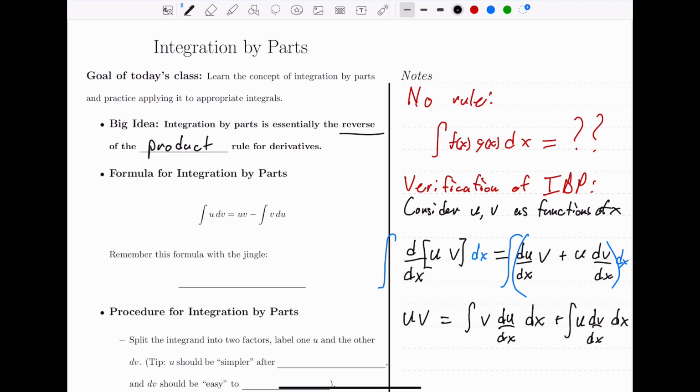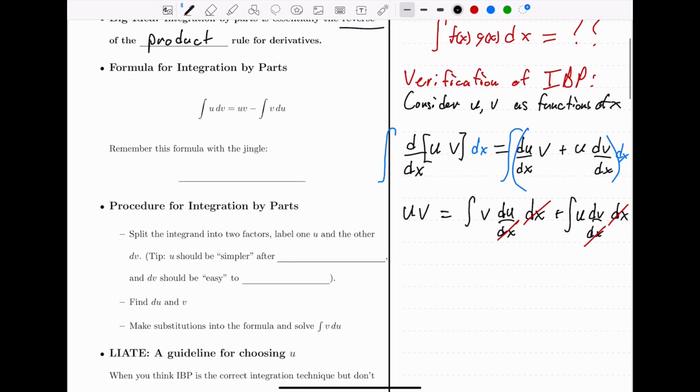All right, here's a little bit of an informality with this, but we can essentially treat this derivative notation du over dx as a fraction, and we can imagine canceling the dx's, the same with the second integral. And when we do that, we have the integral of v du plus the integral of u dv. This all equals u times v.